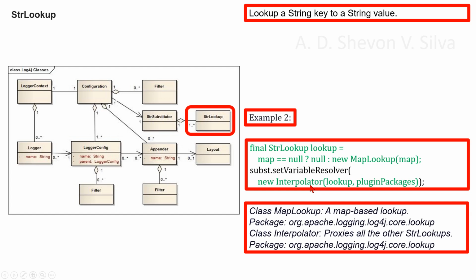This is in package org.apache.logging.log4j.core.lookup. Here in the constructor, we construct an Interpolator using a given StrLookup and a list of packages to find lookup plugins.